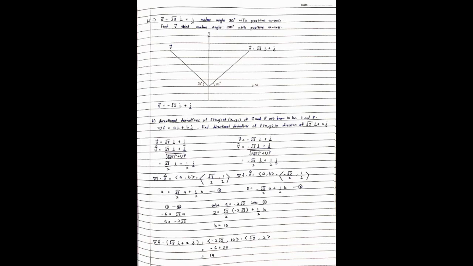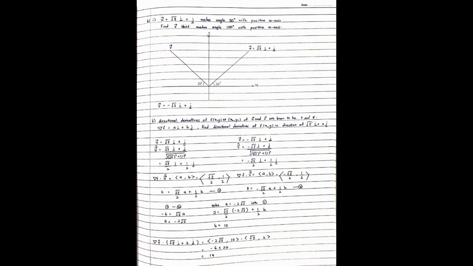Jadi ni adalah vektor V. So kita nampak kat sini yang V adalah pantulan kepada vektor U, di mana cermin dia adalah y-axis.